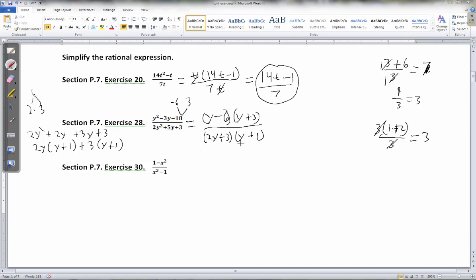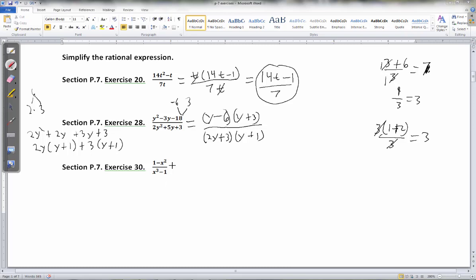So once you know it has to be 2y plus 3y, then there's only really one combination. But anyway, we factored out the numerator, we factored out the denominator, and we can't do anything. There are no common factors between top and bottom, so that's as far as it's going to go.